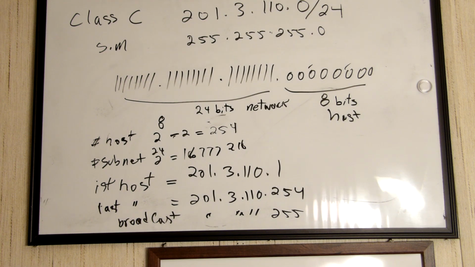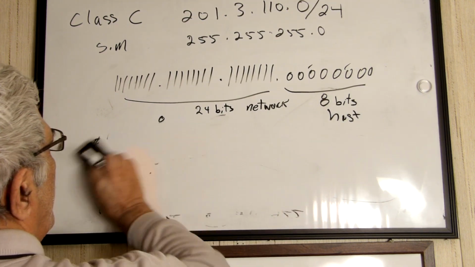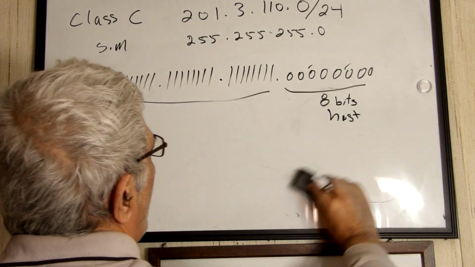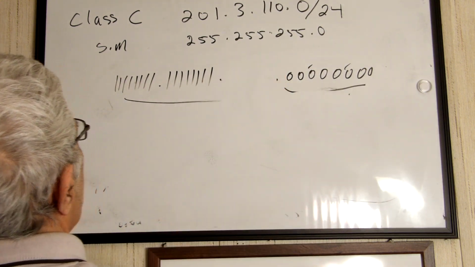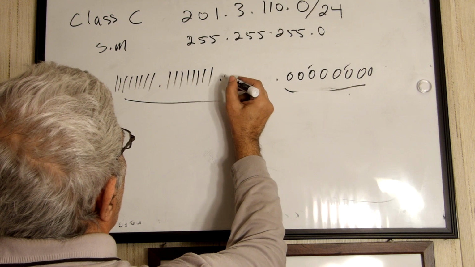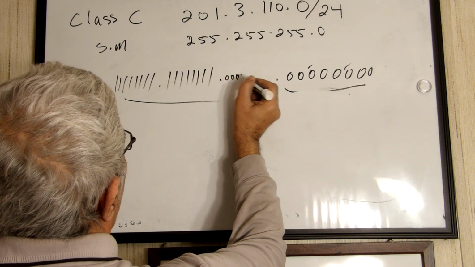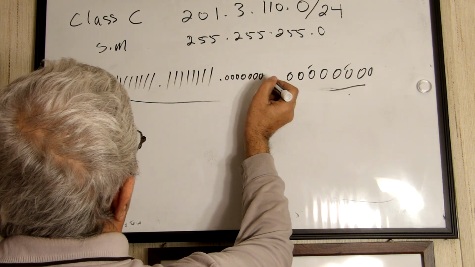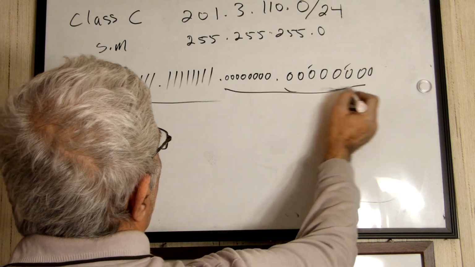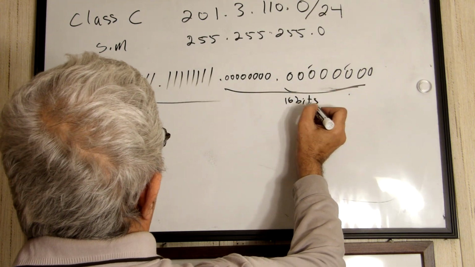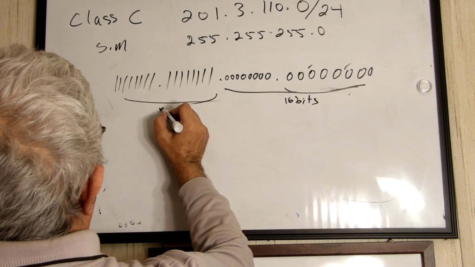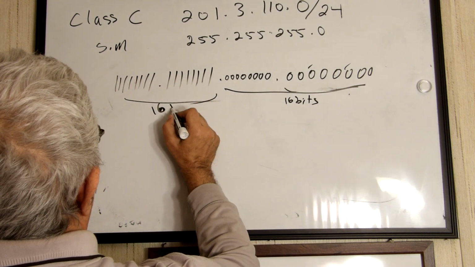Now we are going to talk about Class B. Class B, as we talked about, the number of hosts is 16 bits, and the number of network is 16 bits.